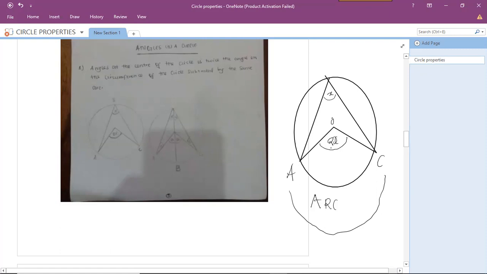So this angle here at the center is twice angle on the circumference, subtended or formed by the same arc. So let's say if this angle here was 100 degrees, this angle here will be 50 degrees because this angle at the center is twice angle on circumference.